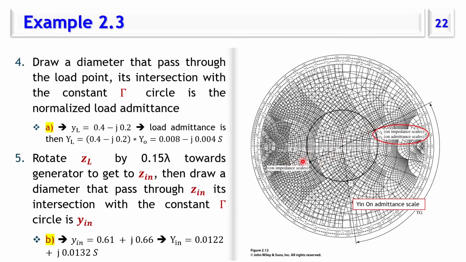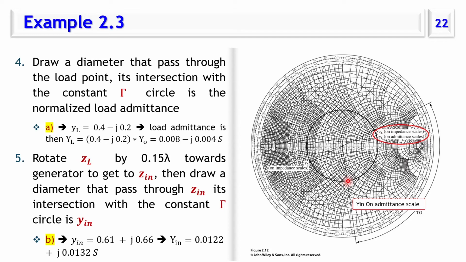So if we just do this, this would be ZL on the impedance scale. This would be YL on the impedance scale. We move from here towards the generator 0.15. This will be the point Y on the admittance scale. It will be the point of Z input on the impedance scale.